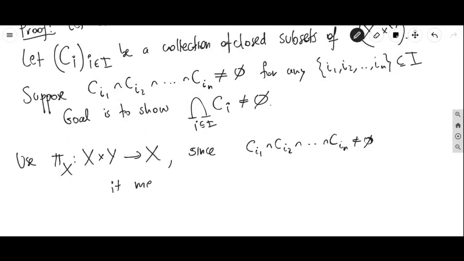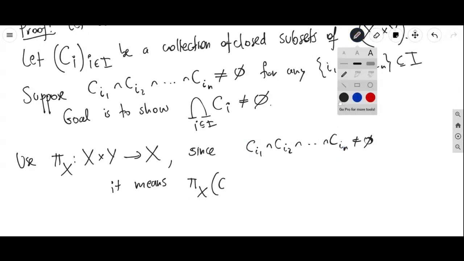it means if you apply the projection map onto X, I actually think that when it's intersections, the push forward of the intersection is the intersection of the push forward always. It does not even matter if the map is surjective or not, but in this case, it's certainly fine.